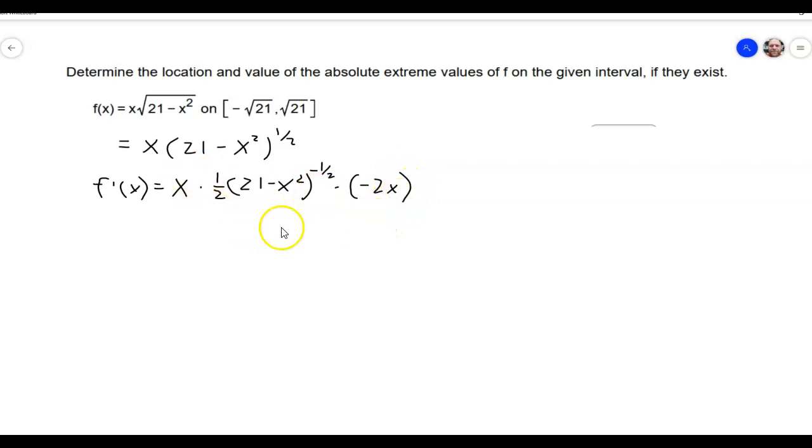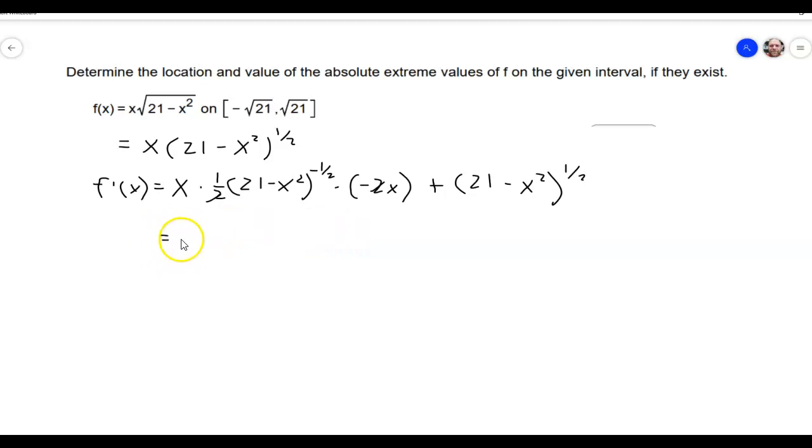So that's the first part of the product rule, and then we add the second term, which is 21 minus x squared raised to the 1/2 power, times the derivative of the first term, which is just 1, so that stays like that. Let's clean this up a little bit. This 2 will cancel with that 2 there.